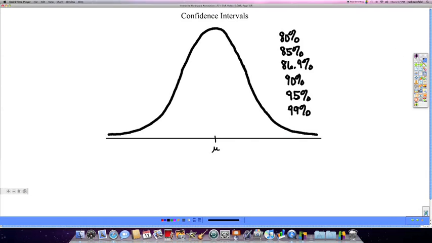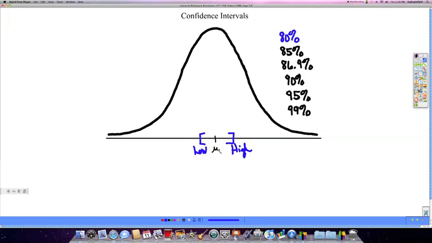Now, what does it mean to have an 80% confidence interval? An 80% confidence interval means that when we calculate this range of numbers, we're going to calculate a low value and a high value, a range of numbers which we believe the mean lies between.